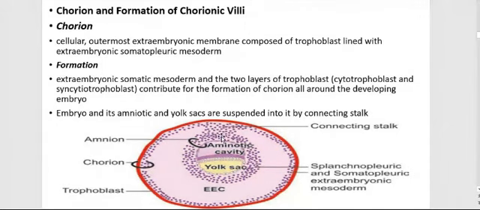And the chorion is made up of three layers: the somatopleric extra-embryonic mesoderm, the cytotrophoblast, and then the syncytiotrophoblast. So that is how the chorion was formed.